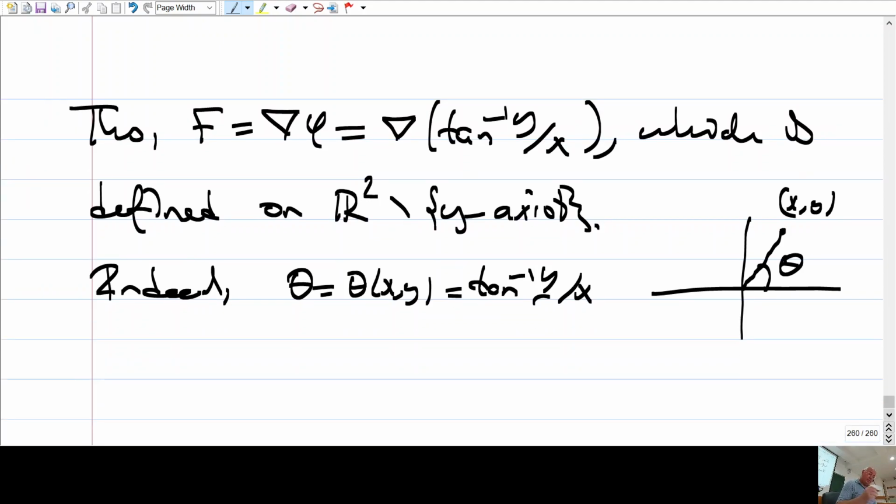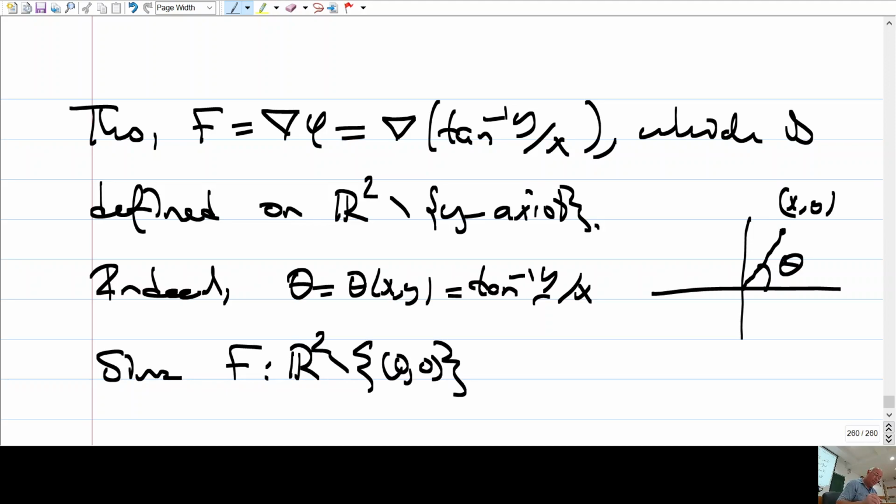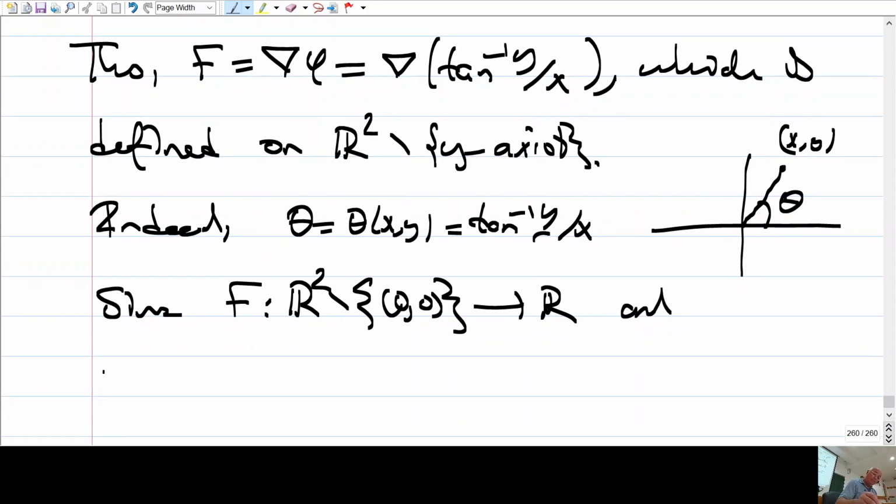So we have obtained the following: f is the gradient of something, but that function, since f is a function on R2 minus (0, 0), and phi, not phi, theta, pardon. So this phi function is actually theta.